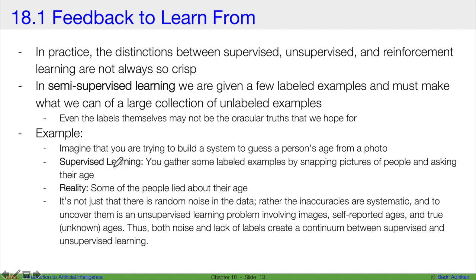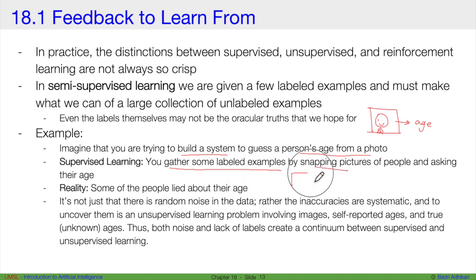Here's an example. Imagine that you're trying to build a system to guess a person's age from a photo. So given a picture, we would like to build an agent that can take this picture as input and then predict the age of the person. In supervised learning, you gather some labeled examples by taking pictures of people and asking their age.